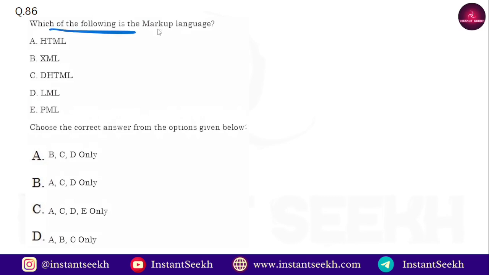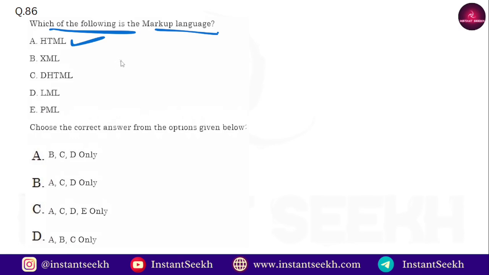Which of the following is a markup language? Okay, you should first know what a markup language is. Markup languages are of many types: extensible markup language for data, standard markup language. So there are different types of it. Starting with the first one, HTML, hypertext markup language.